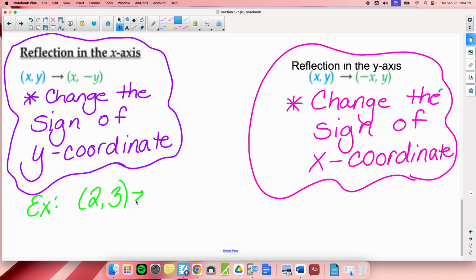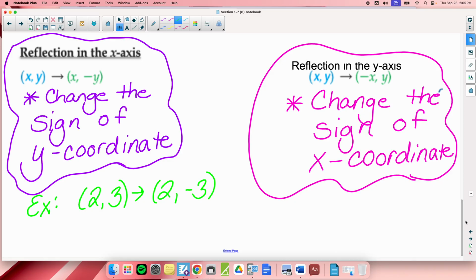You change the sign of the other coordinate. So if it's over the x, we change our y. Your new point would be (2, -3). Notice I keep my x the same, but I change the sign of my y.